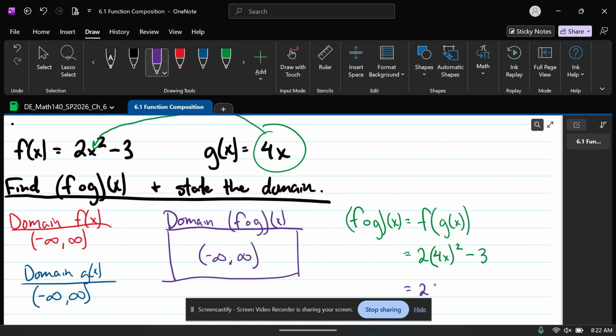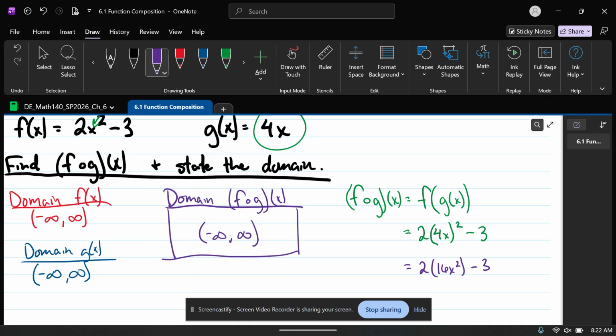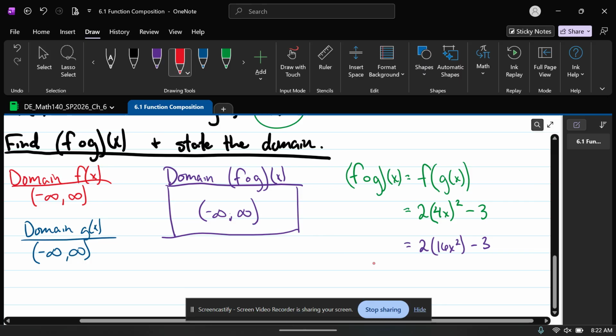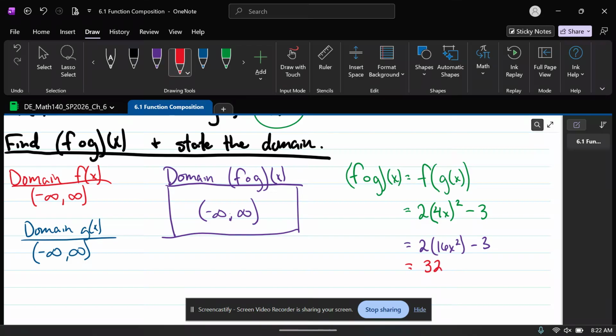Not 8. 16x squared, yeah. And then we're going to multiply by the 2. So that's going to give us 32x squared minus 3. And there's my composite function. Nothing else I can do to simplify that. These are not like terms, so I can't put them together.